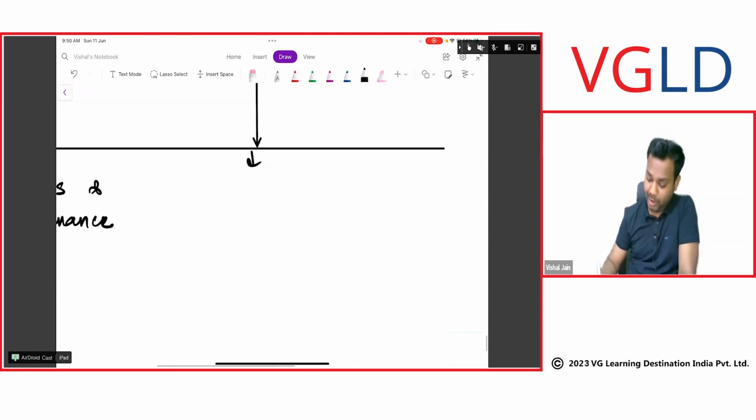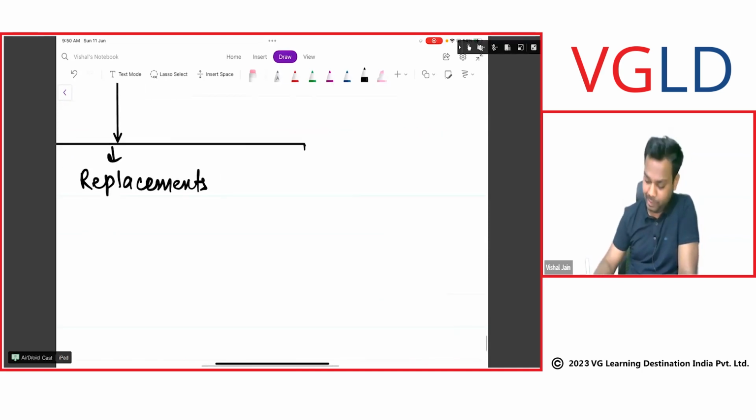Other is, you can say, replacements. Third one is inspection, or it is also called overhauls.